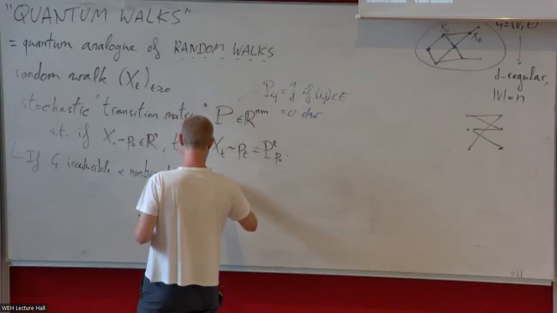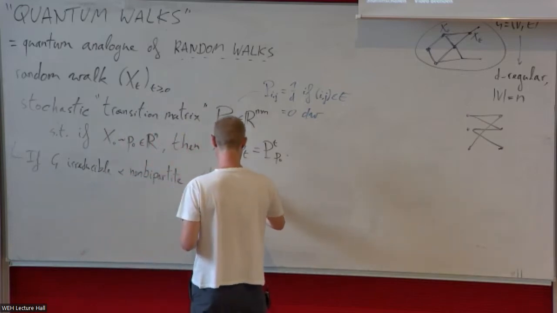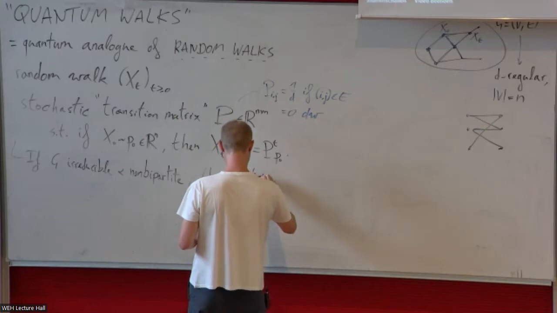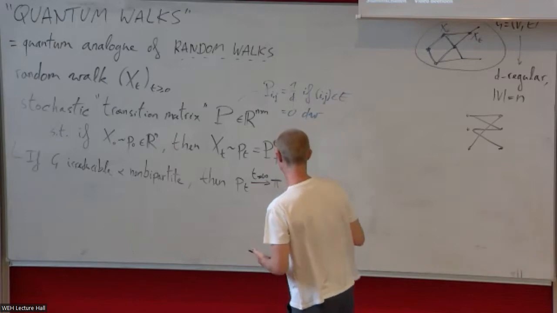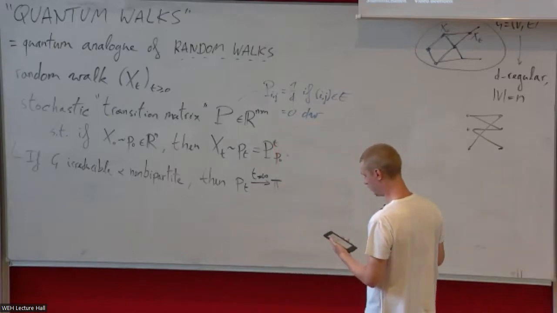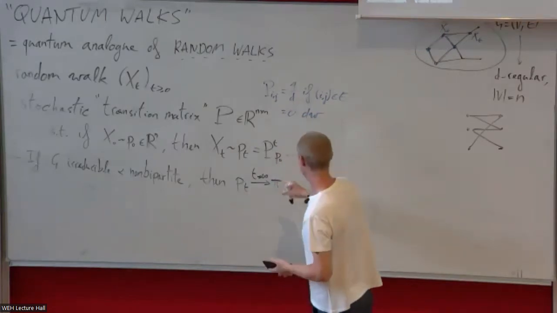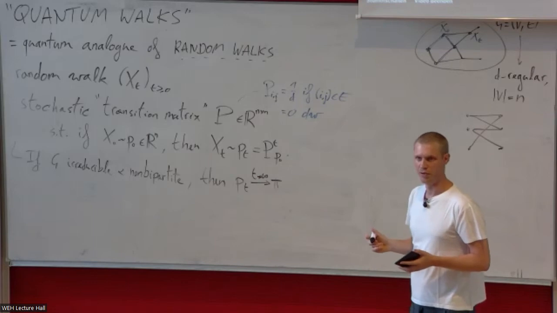So if G is irreducible and non-bipartite, then you can show, and this is the starting point of a lot of these tools, that as t goes to infinity, we converge to some stationary limit distribution, which we denote pi.